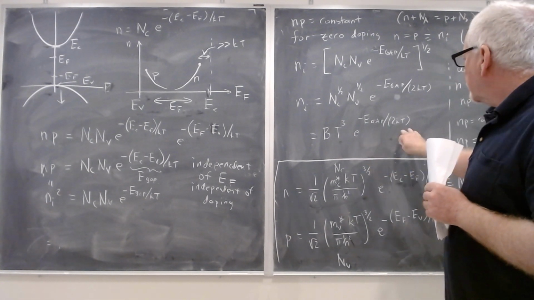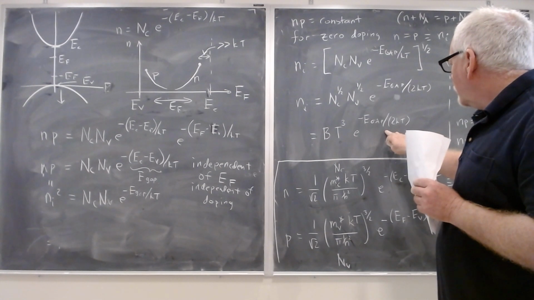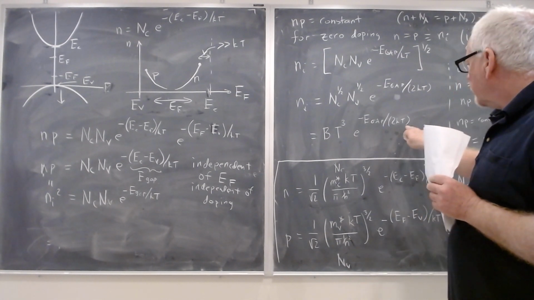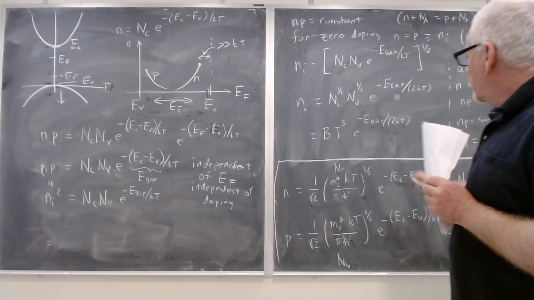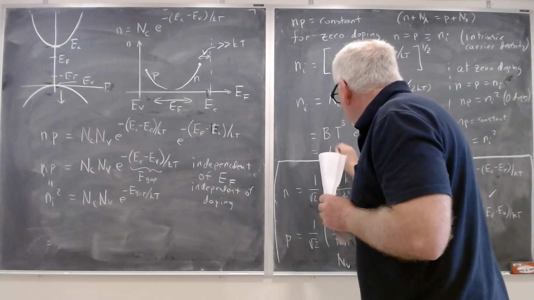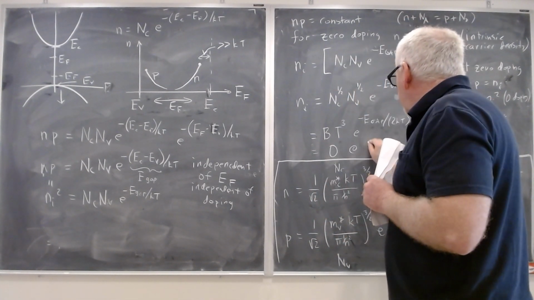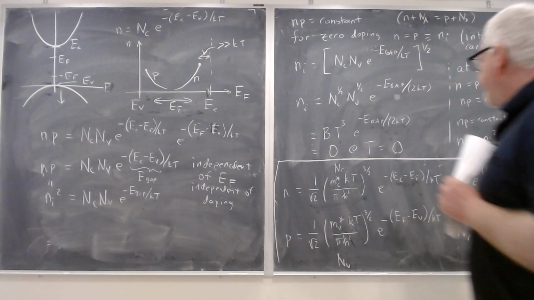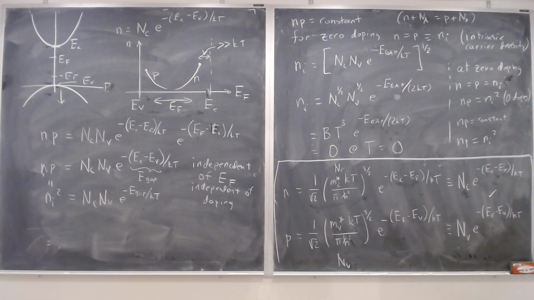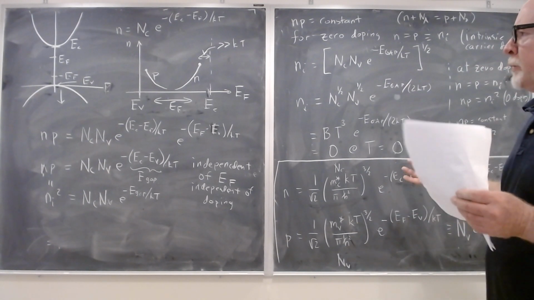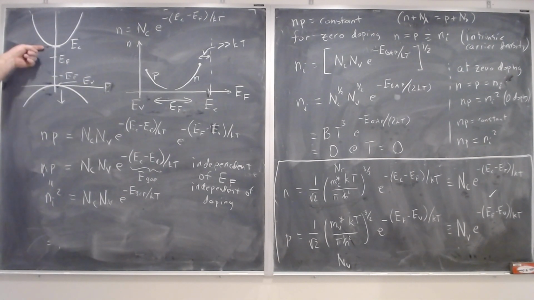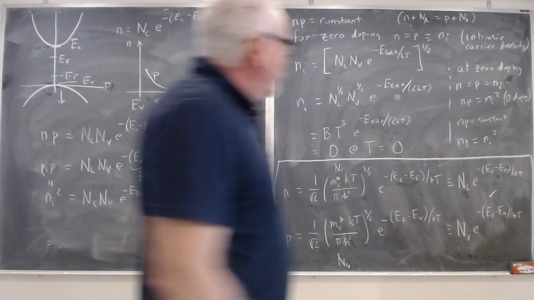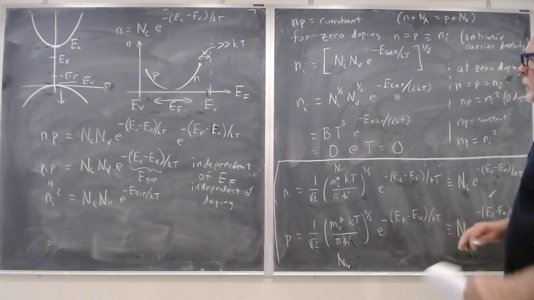This goes up with temperature. This also goes up with temperature. I'm sorry, they don't compete with each other, because when T equals 0, this is e to the minus infinity. So this is equal to 0 at T equals 0. And of course that makes perfect sense, because at T equals 0, there's no thermal energy to get an electron from the valence band to the conduction band. So everything fits together, right?